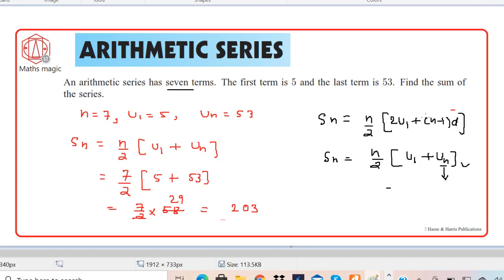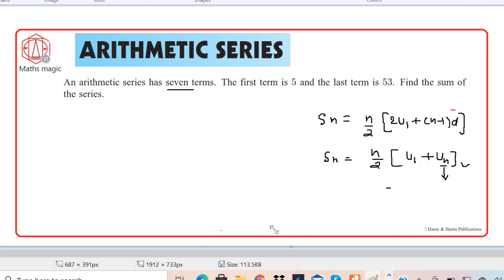So let's try it. If you want to use the first formula, how can we use that formula exactly? But this is a clear cut method, you can go with this. I'm telling you this additionally if you want to try, or if you get stuck in any situation, you can use that also.